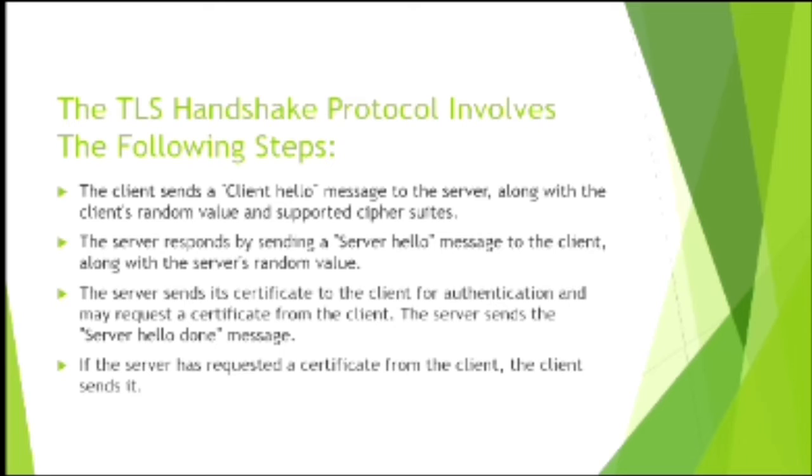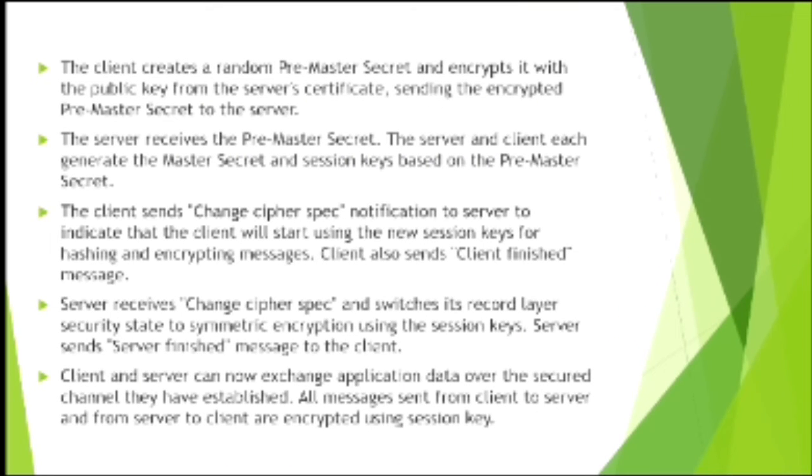If the server has requested a certificate from the client, the client sends it, and the client creates a random pre-master secret and encrypts it with the public key from the server certificate, sending the encrypted pre-master secret to the server. The server receives the pre-master secret. The server and client each generate the master secret and session keys based on the pre-master secret.